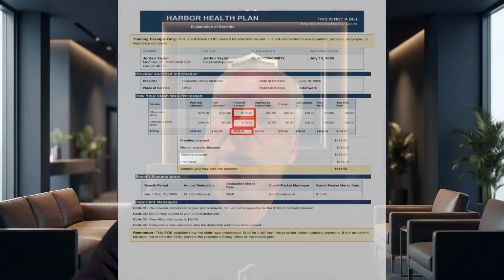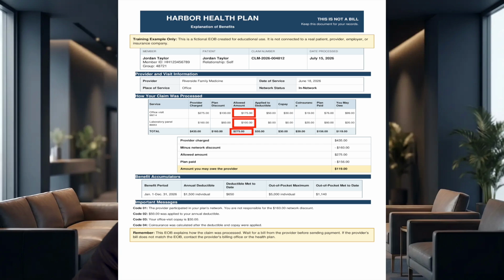Now look at the allowed amount column. This may be the single most important number on the entire EOB. For the office visit, the provider billed $275, but the insurance company only allows $175. For the laboratory panel, the provider billed $160, but they allowed $100.